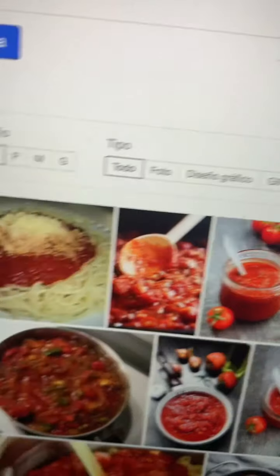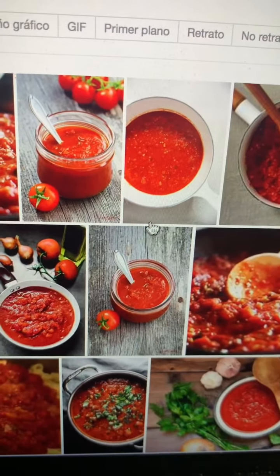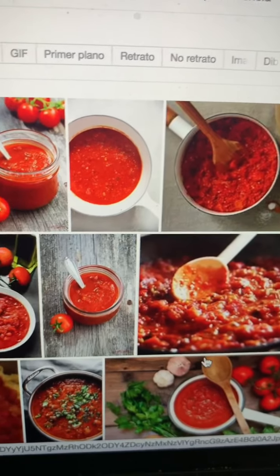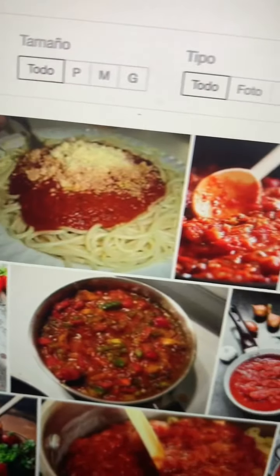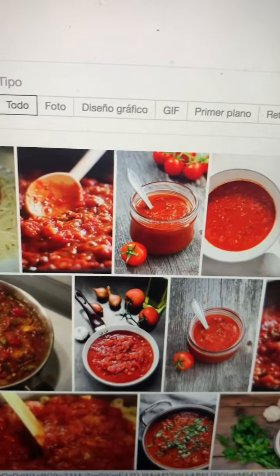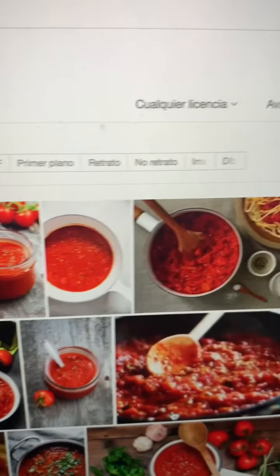What about tomato sauce? Do you think tomato sauce is heterogeneous or homogeneous? Homogeneous, right? Because tomato sauce is made of different things. It's a mixture, but we can't see those components.